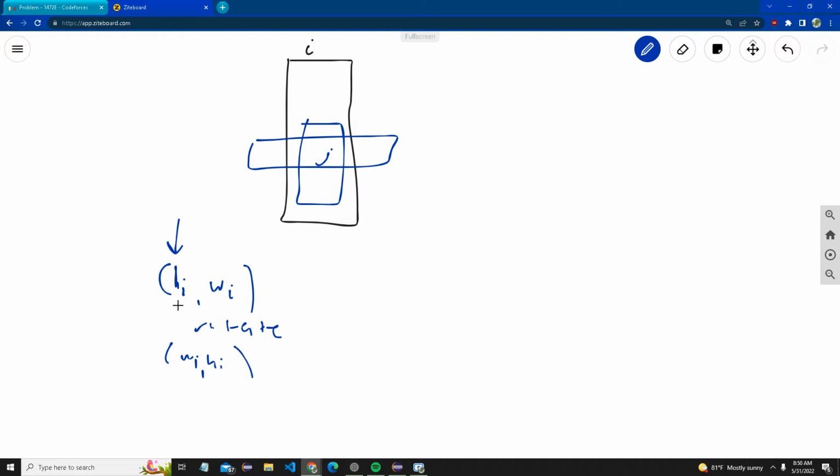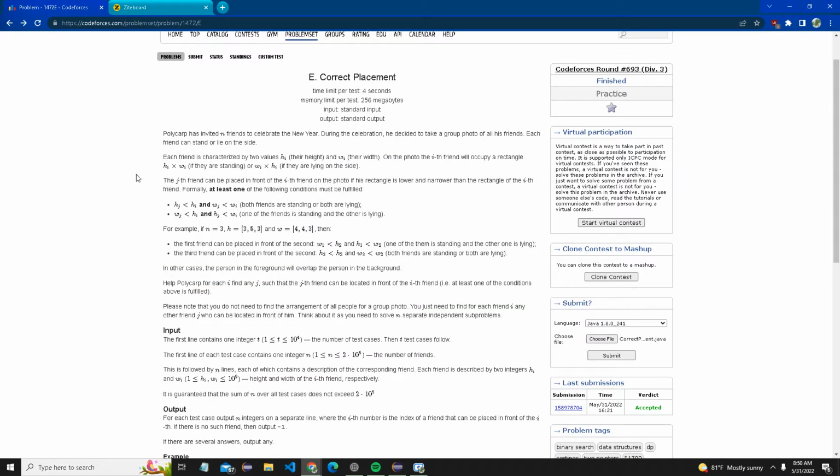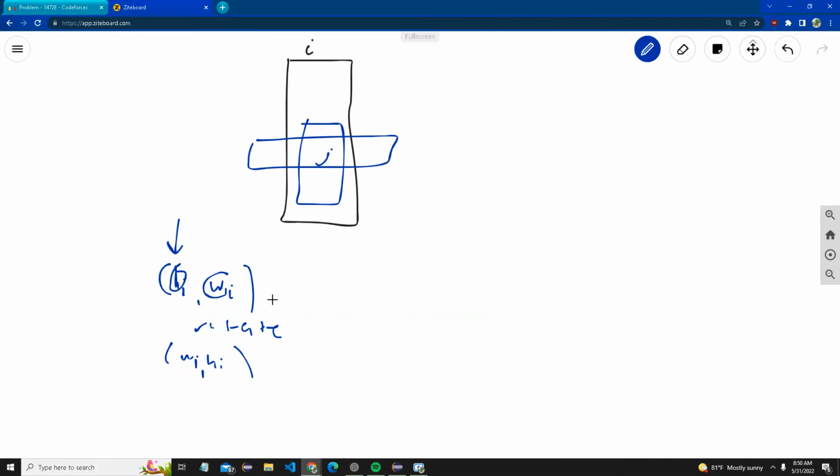Do I actually care that this is the height and this is the width? No, because you can rotate it so that it's not the height and the width anymore. What you actually care about, in the context of comparing two things, is the size of the actual values of the height and the width.